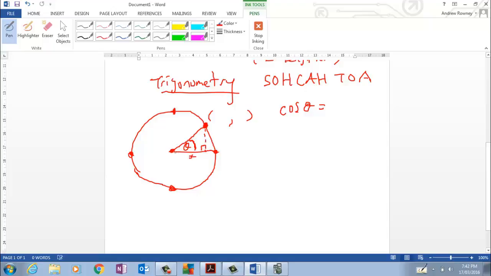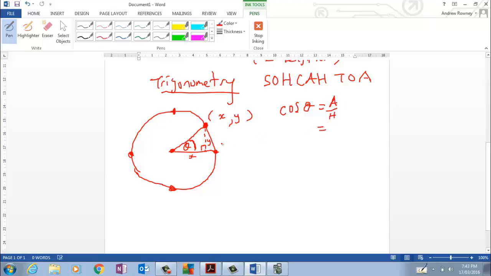You go so many centimetres across the x axis, and then you go so many centimetres up on the y axis. So that is x and this is y, and this point is x comma y. We want to express x and y in terms of theta. Now cos theta equals adjacent over hypotenuse, a over h.